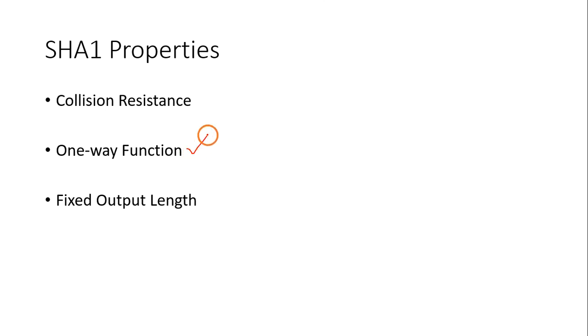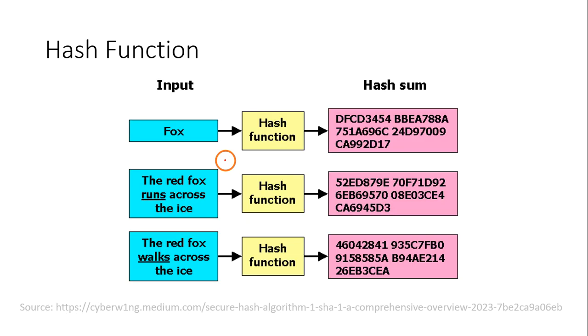The next one is one-way function. Let me take you back to the previous slide. The hash function can convert the given input to a hash, but the reverse is not possible.